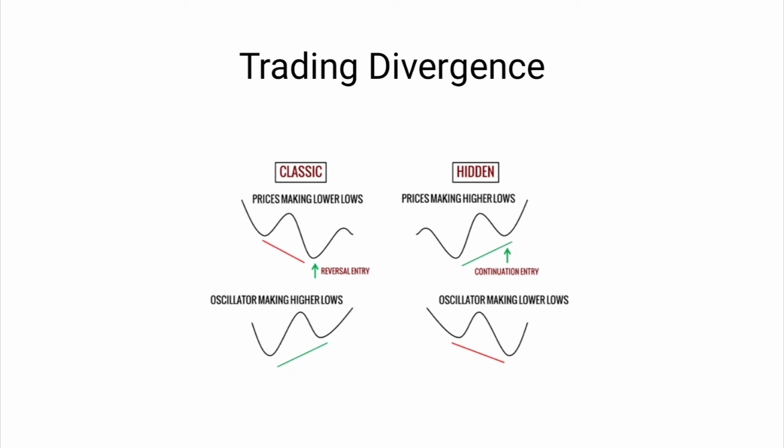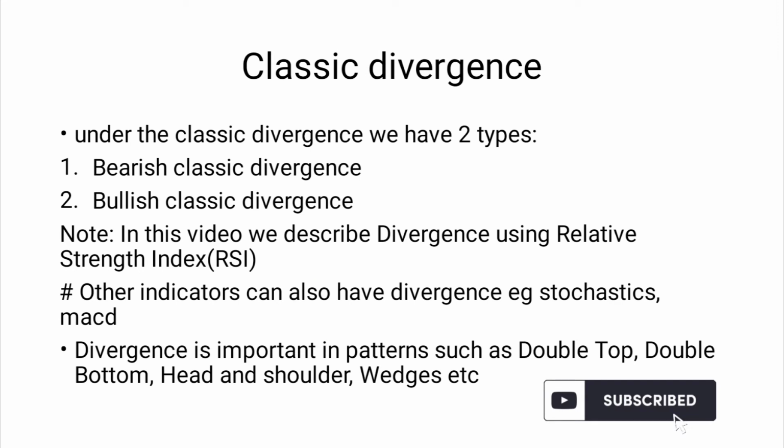They can be further divided into a classic bearish divergence or bullish classic divergence. And then we have bearish hidden divergence and then bullish hidden divergence. So let me get to it.